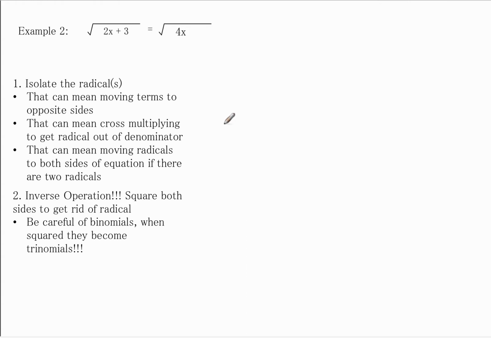All right, so here's example 2. This says, solve this equation: the square root of 2x plus 3 equals the square root of 4x. So using my little menu over here for how to solve, I need to isolate the radicals.